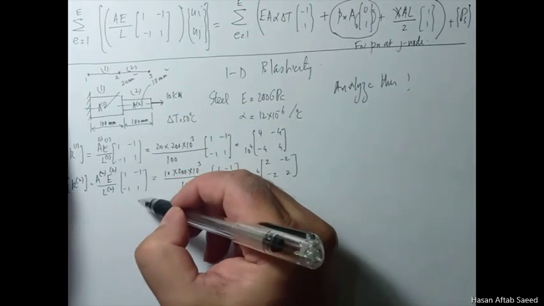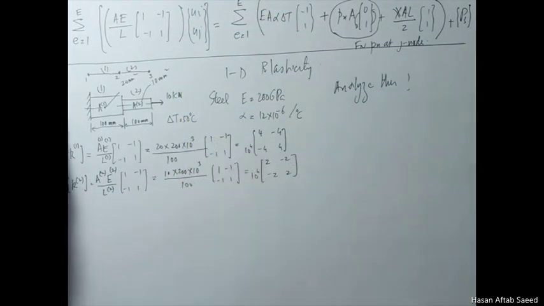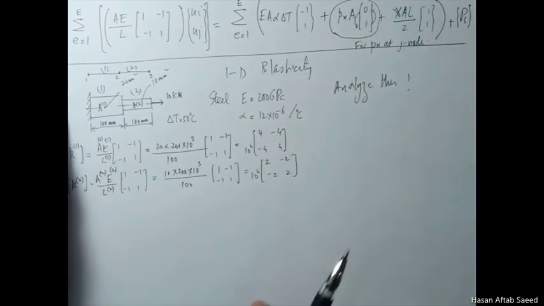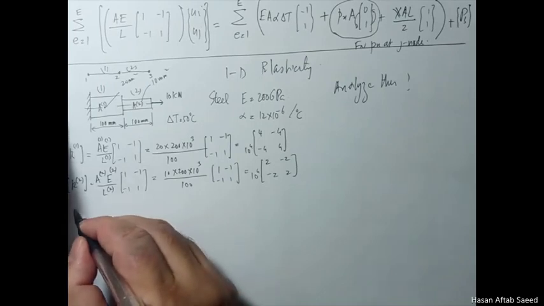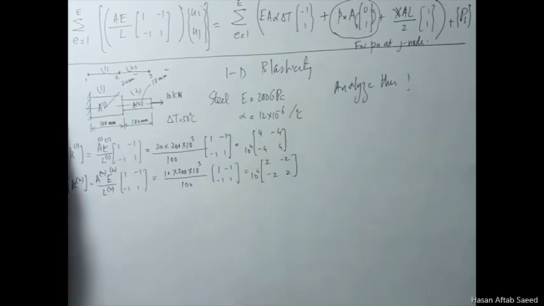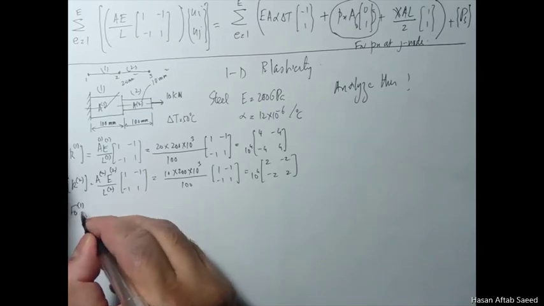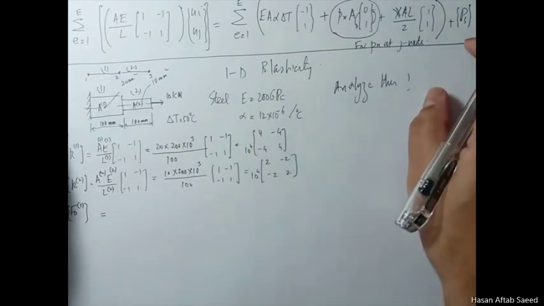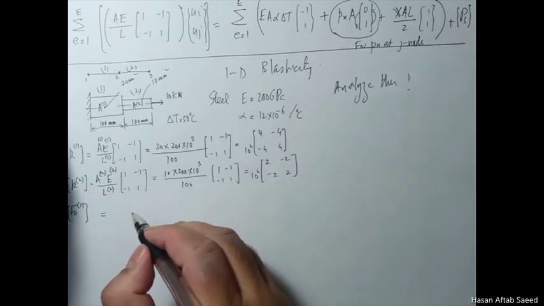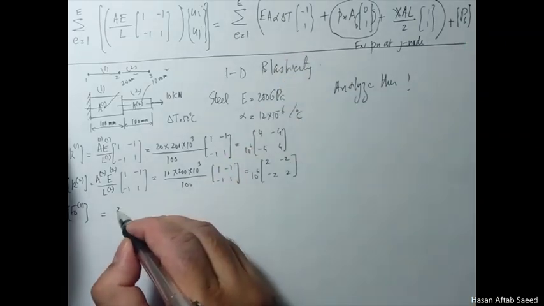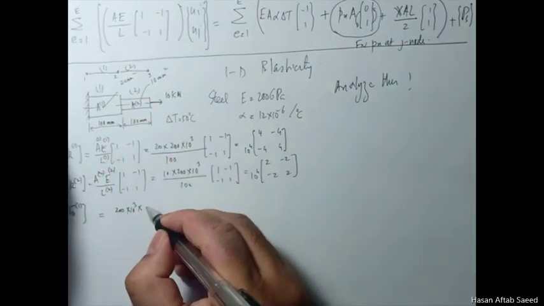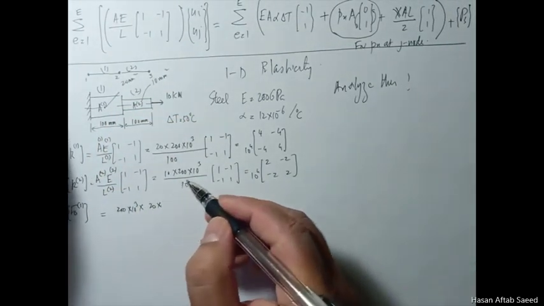Now this we have done. Let's do these also. F01, we're talking about the thermal, the temperature force vector. 200 into 10 to the 3. For the first one, area is 20.